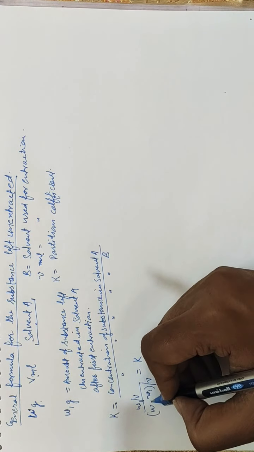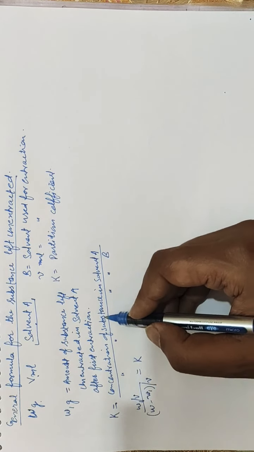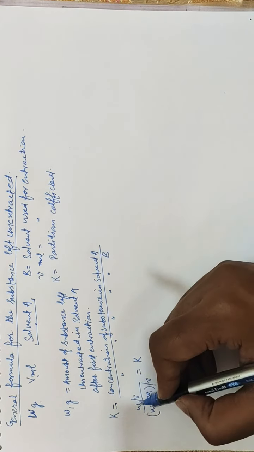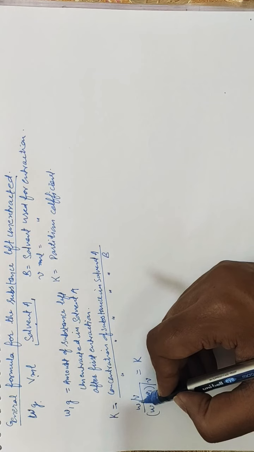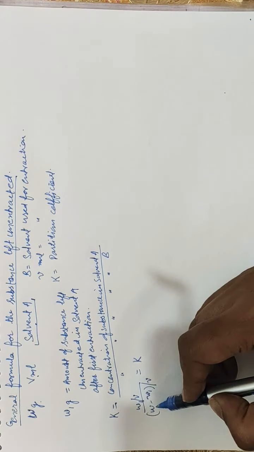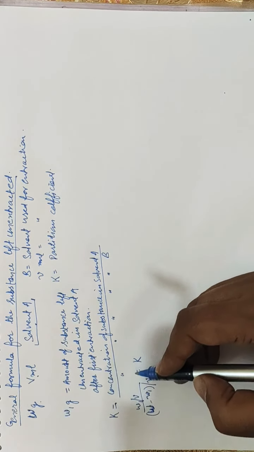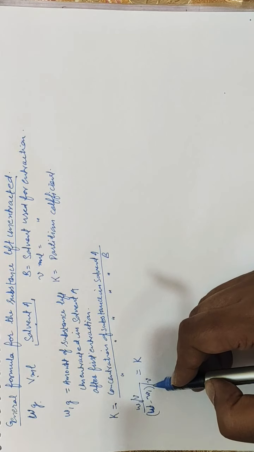And what is this? I had told you in the last lecture, these are the simple concentrations. Concentration of substance in solvent A was w1 gram over V. Here I had written W, capital W, that is the original amount, minus this w1, that is the amount left, over small v.